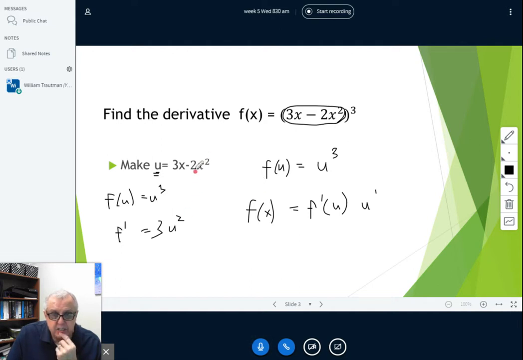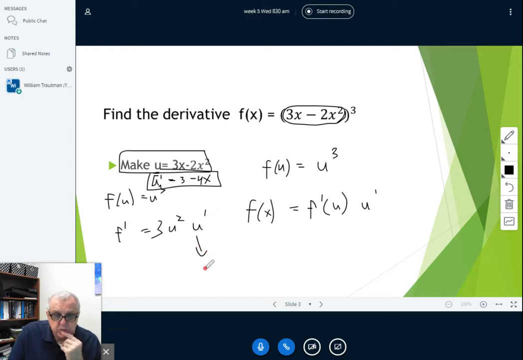And then I need to take the derivative of u. Here's u. The derivative of u is 3 minus 4x. So u prime equals 3 minus 4x.